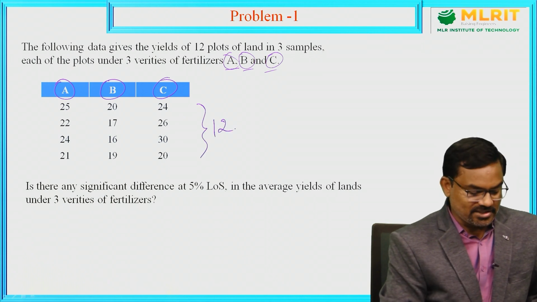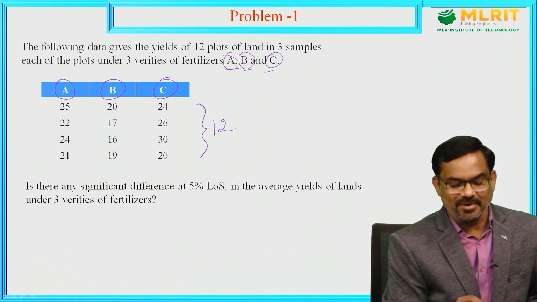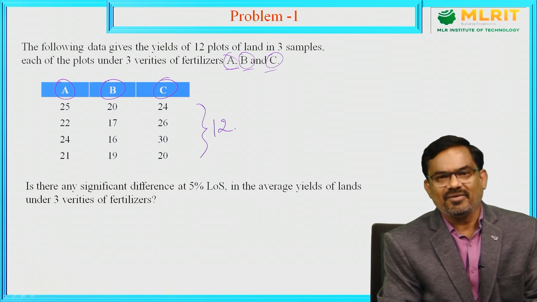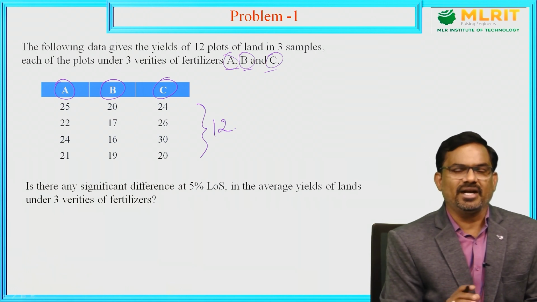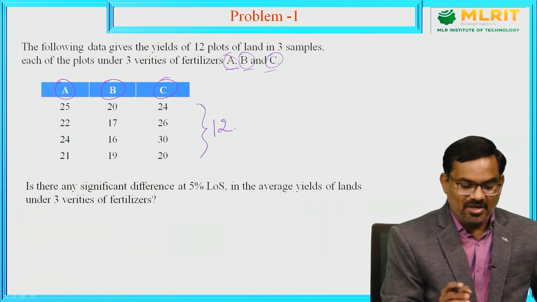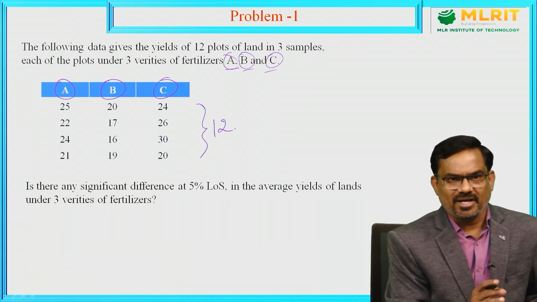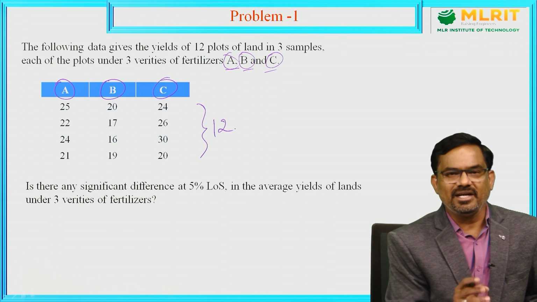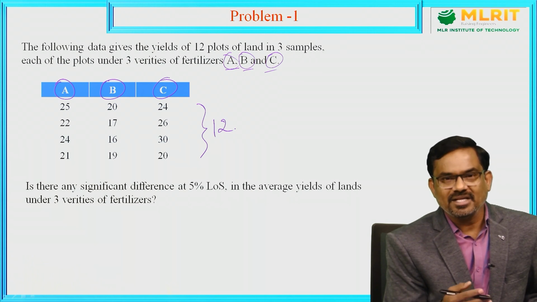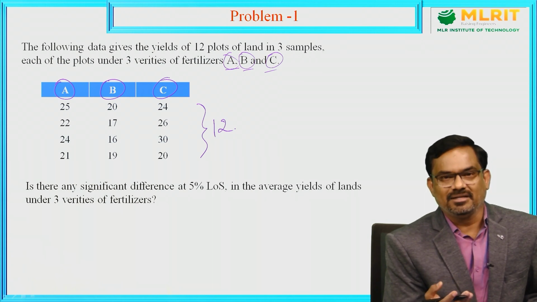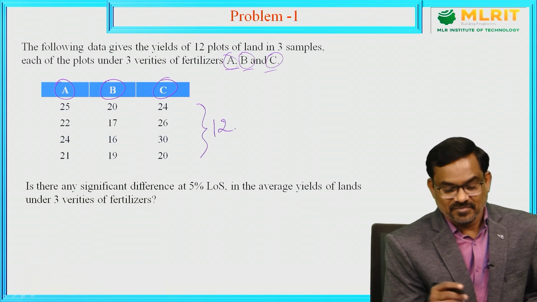Now, the question is: is there any significant difference at 5% level of significance in the average yields of lands under 3 varieties of fertilizers? So, after using 3 different varieties of fertilizers, is there any difference between the average yields, that means mean yield of the land? That we need to check.